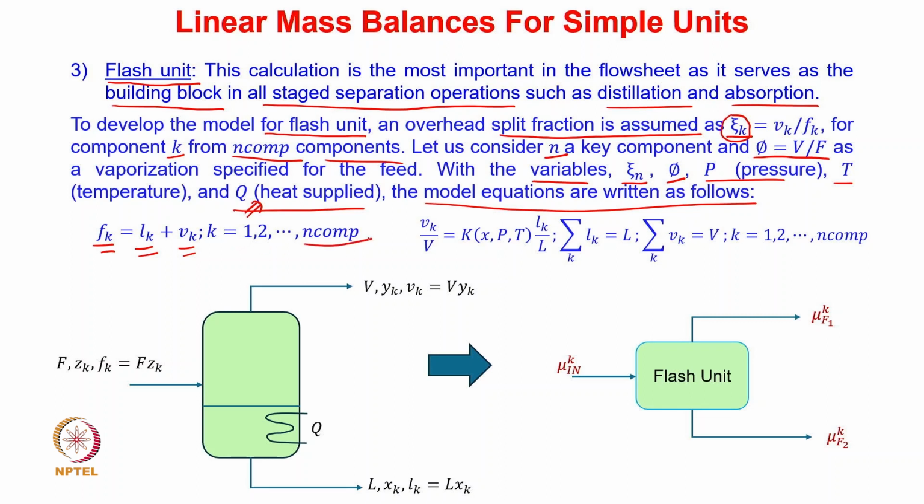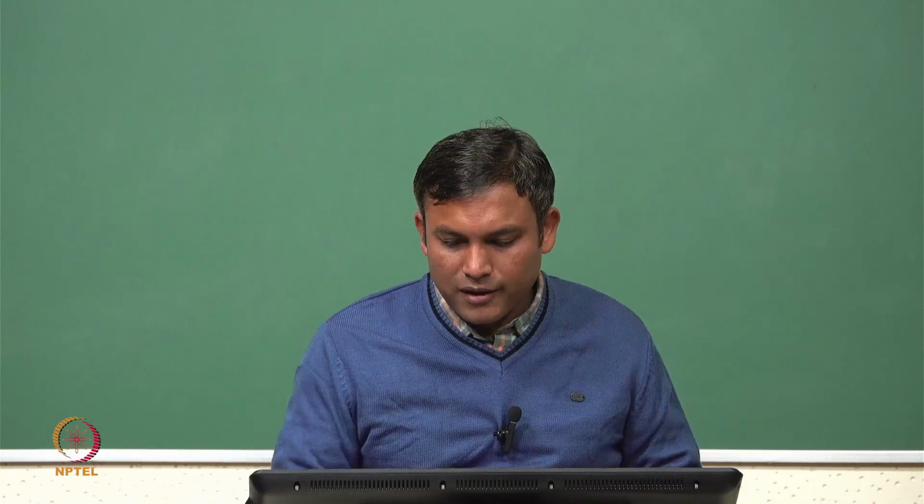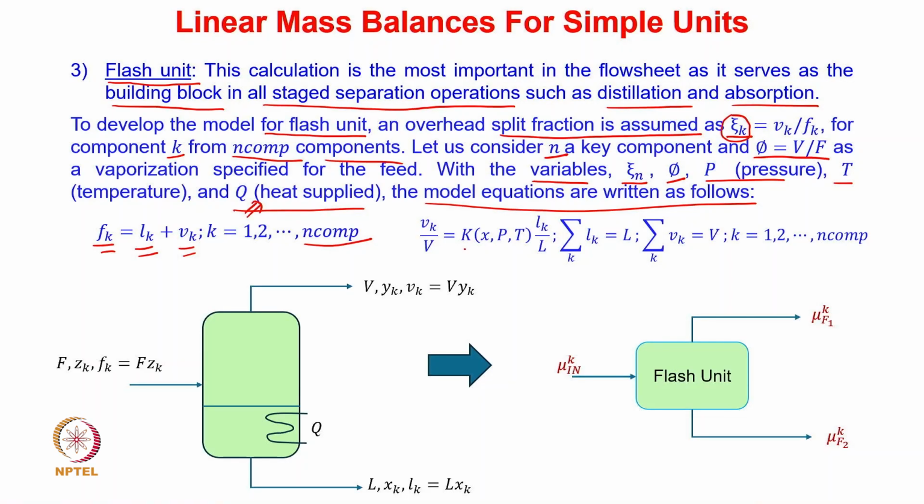Again, V_k divided by V is nothing but y_k, isn't it? That is the mole fraction of the kth component in the vapor, and that can be given by the equilibrium relation, which is K, capital K, which is a function of x, P and T. This is Henry's law, multiplied by L_k by L.